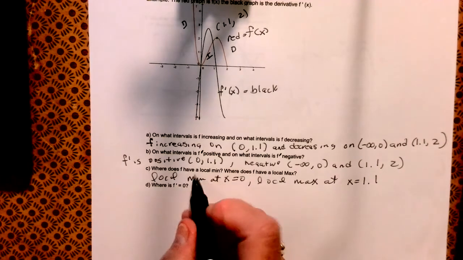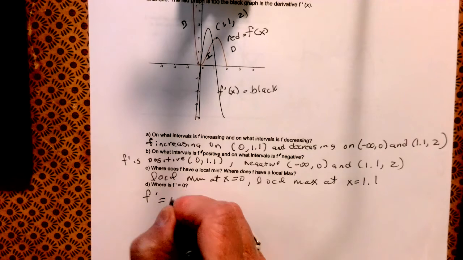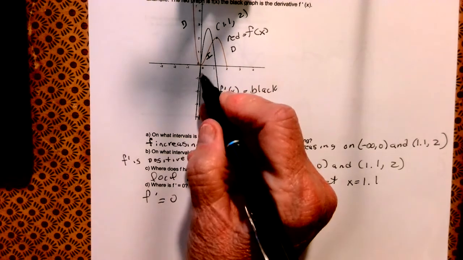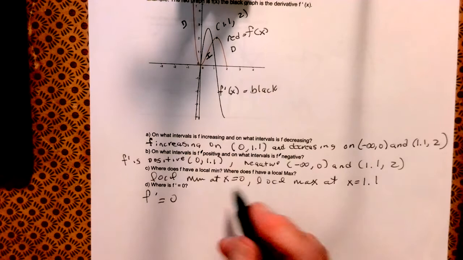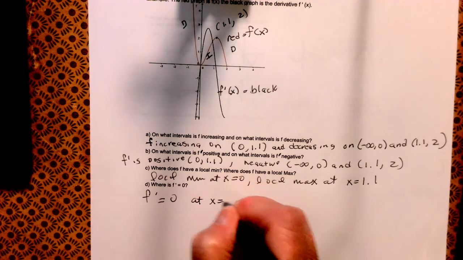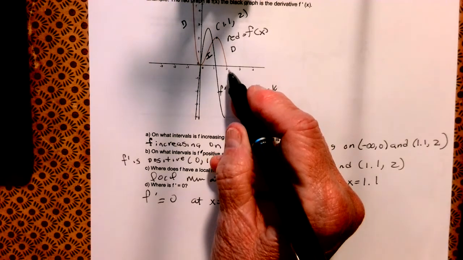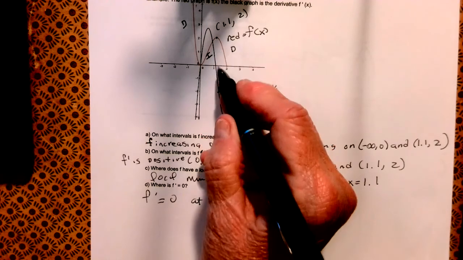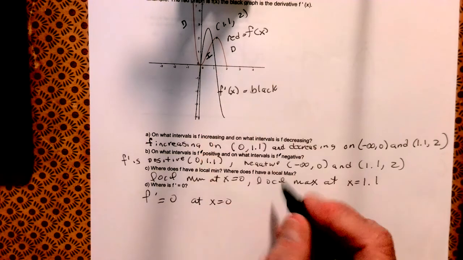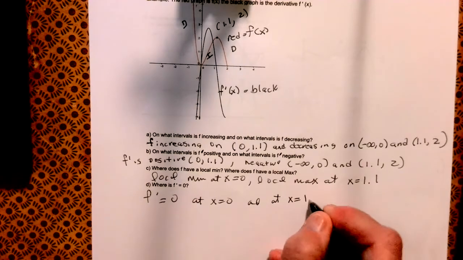Then where is f prime equal to 0? Well, let's look at the black. Where is it equal to 0? At x equals 0, right here. And then where is the black function equal to 0 again? At x equals 1.1.